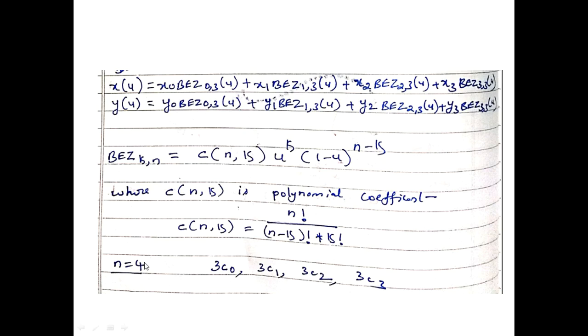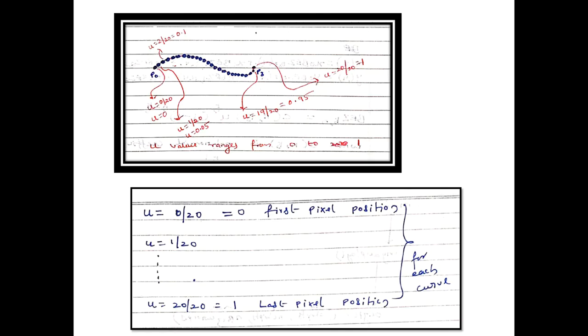So in our lab program, we are calculating 3C0, 3C1, 3C2, 3C3 by substituting k value starting from 0 and it ends at 3. And for each curve, we are supposed to calculate the pixel position. What is each pixel position?